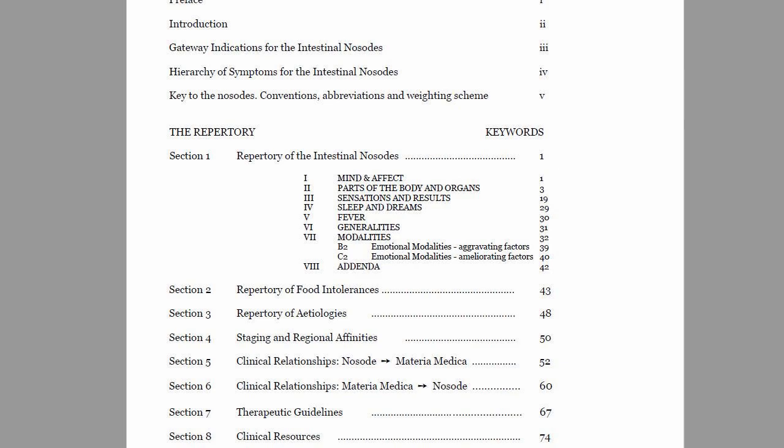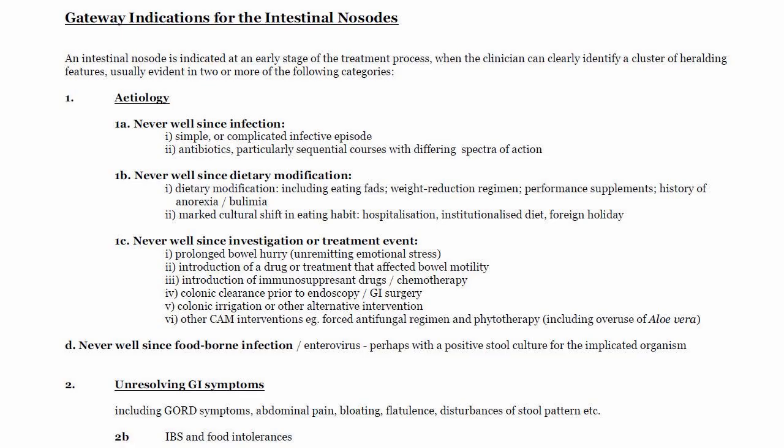If I go to the gateway indications, I'm not going to spend a long time on here, because we looked at this yesterday, but I want to repeat the importance of these, because these tell you when a nosode is likely to be used in the case.